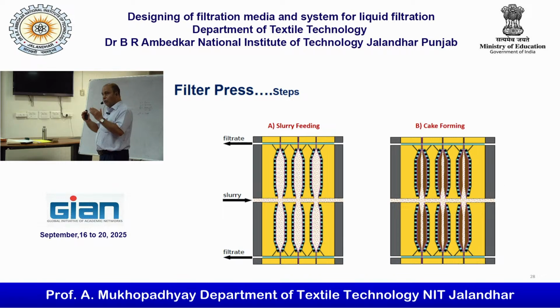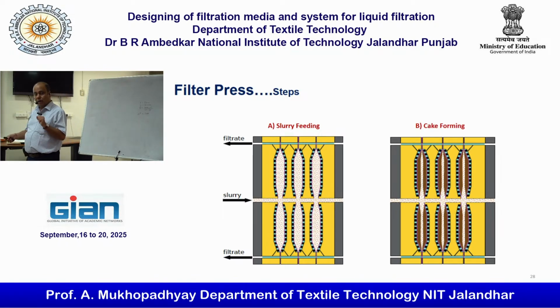The water will move out through the fabric, pass through the channel, and come out as filtrate. As we apply a high level of pressure, filtration automatically takes place because the water is squeezed out and flows through the channel and comes out in the form of filtrate. So this is the first step.